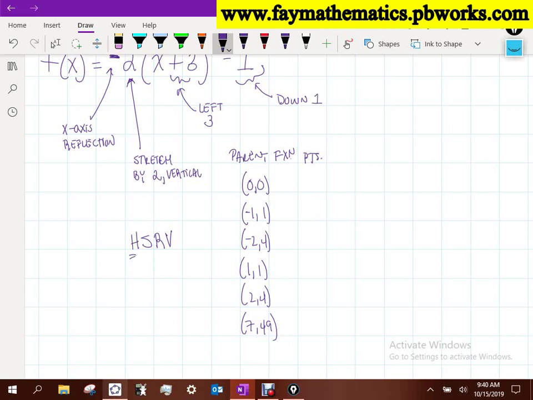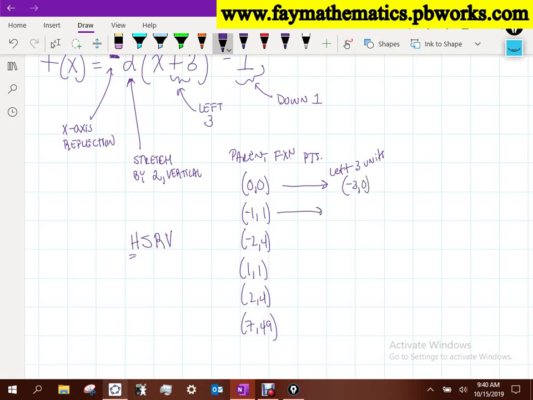Yes. So it's going to take these ordered pairs and move them all left 3 units, right? So if I go left 3 units, what is this point going to become? Negative 3, 0.